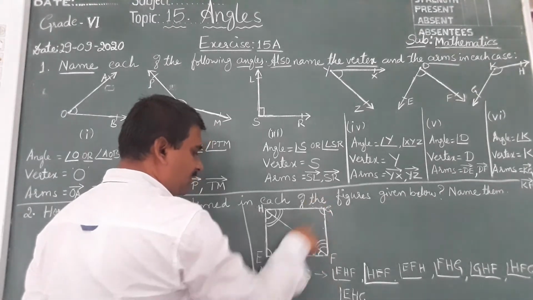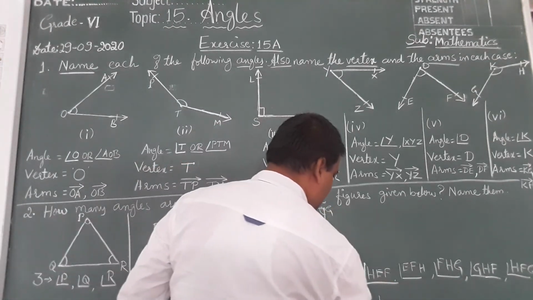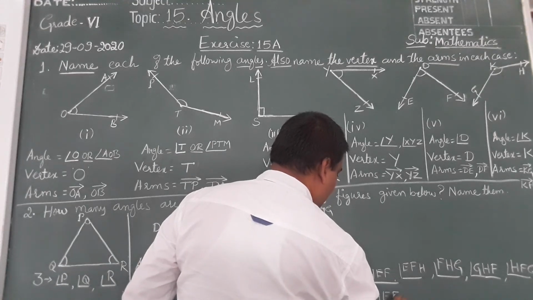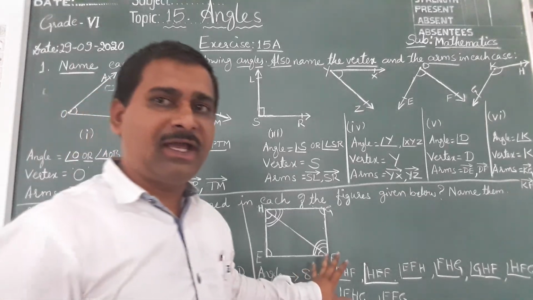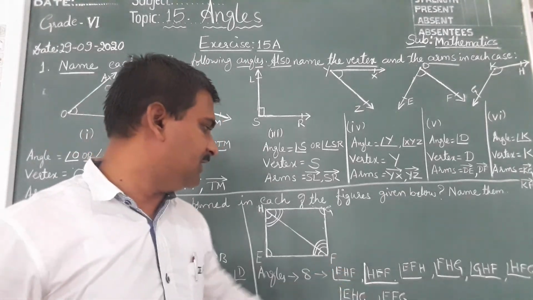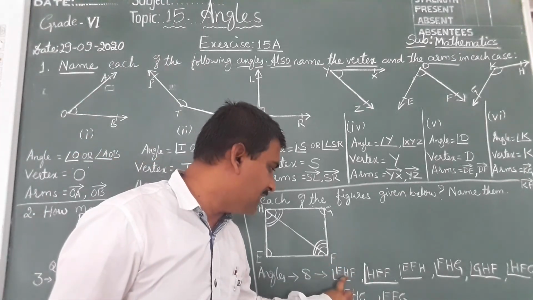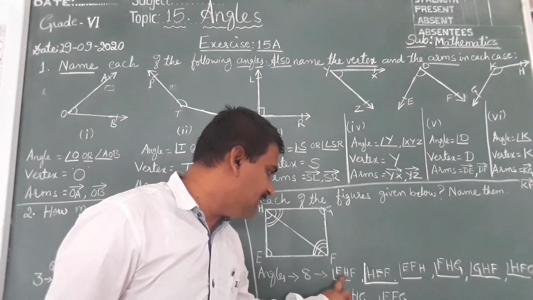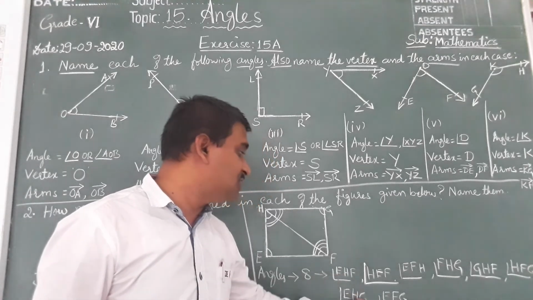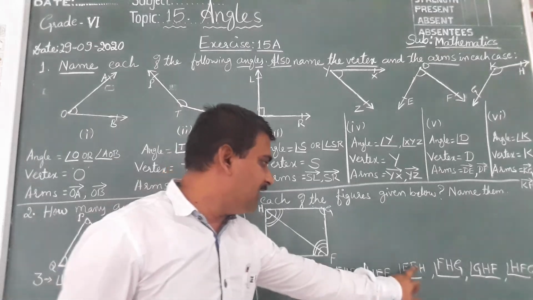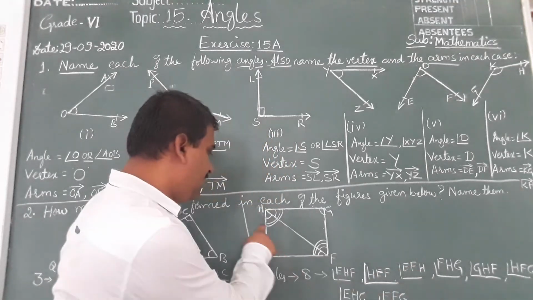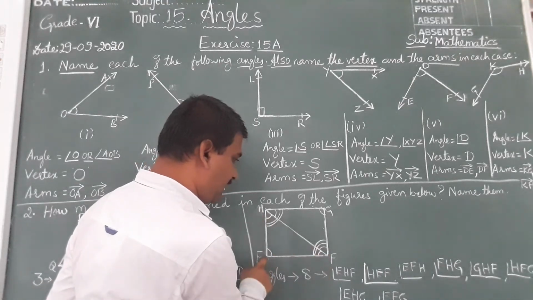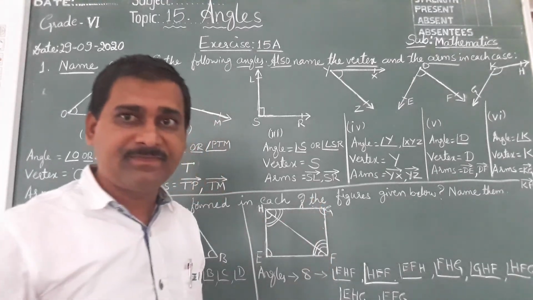This big angle, EFG. Check, children. None of the angles are repeated, all are different. Of course, here if you find H, here also H, but it is EHF, it is EHG. You may find F and F, but these two are different. It is EFH. EFH is different, EFG is different.